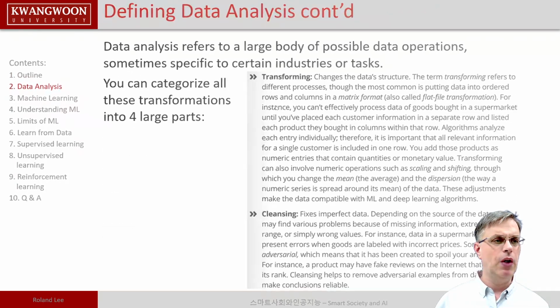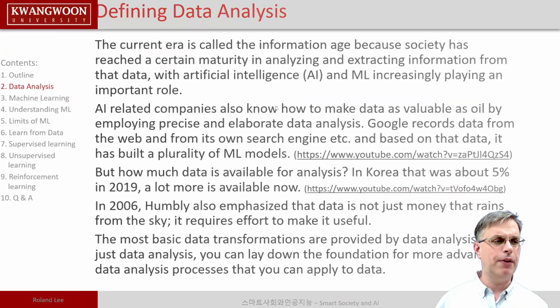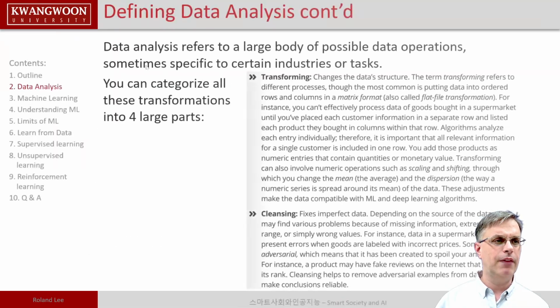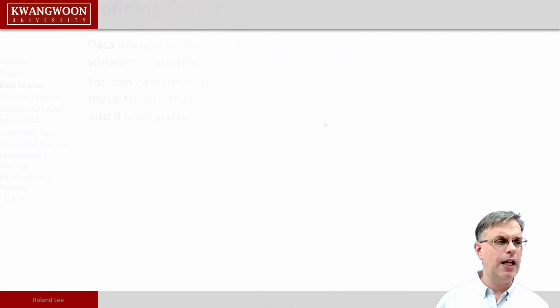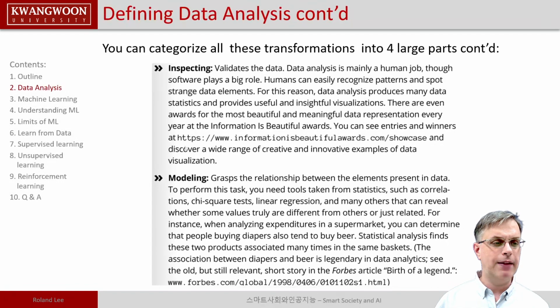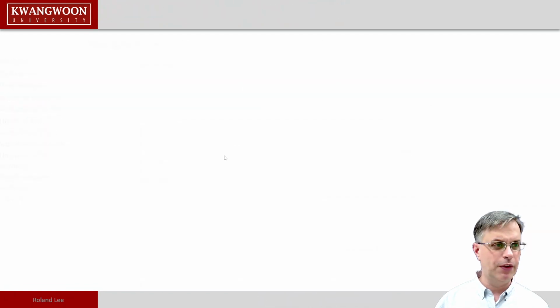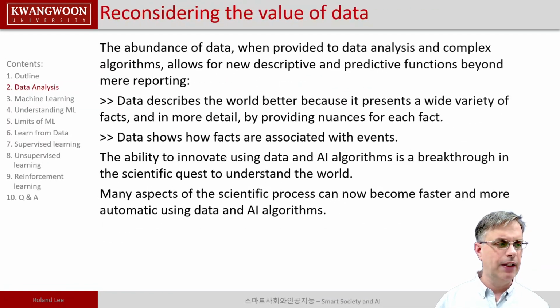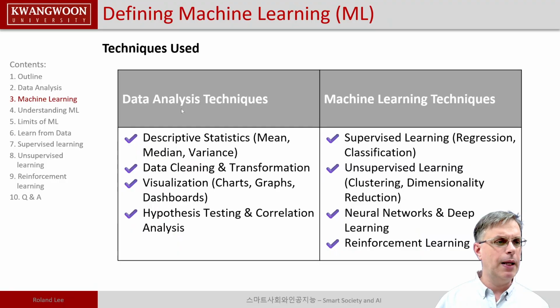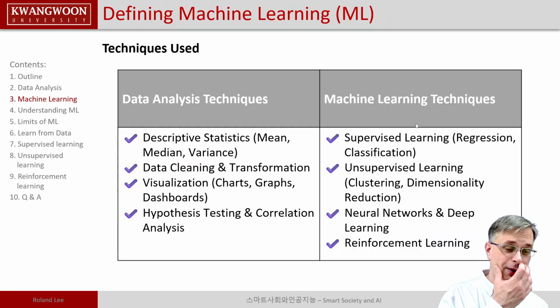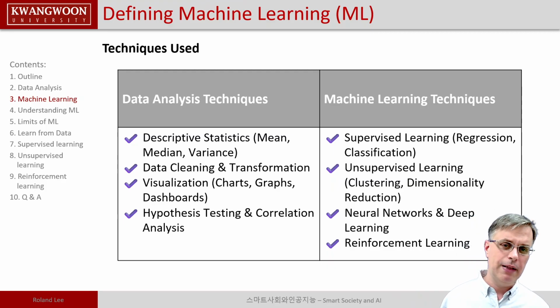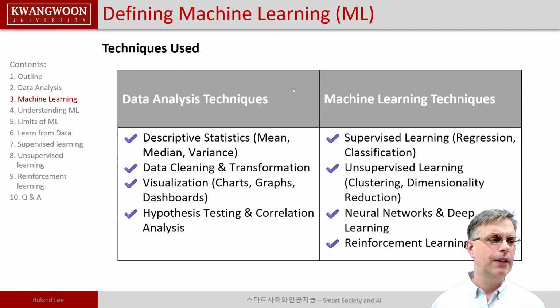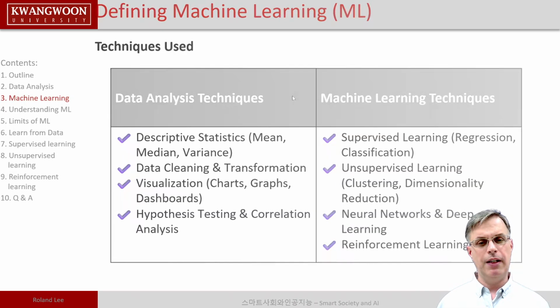So here we go. What happens with the data? The 4 large parts: transforming, cleansing, and then inspecting and modeling from the data we have. So again, data analysis techniques and machine learning techniques. Data analysis is statistics oriented, and machine learning is more mathematics oriented as well.